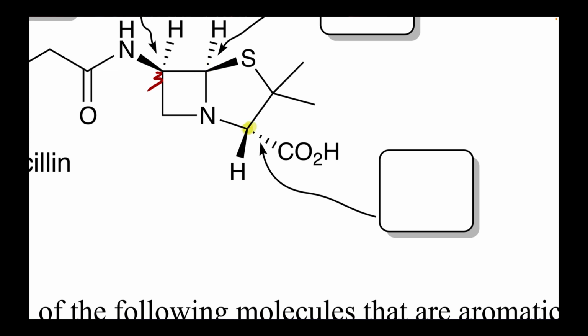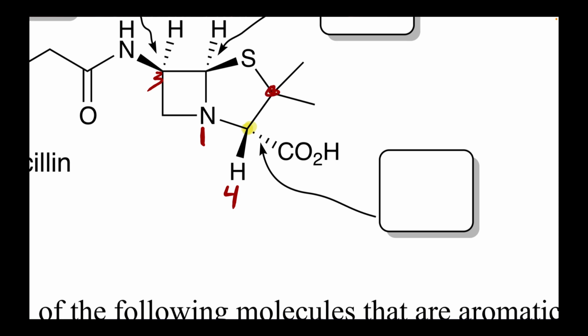That carbon right there. Priority groups. So what do we have? We have a carbon, and a nitrogen, and a hydrogen. So we know, again, hydrogen is the lowest. That'll be 4. Nitrogen versus carbons, so nitrogen is going to be 1. And now we have a carbon and a carbon.